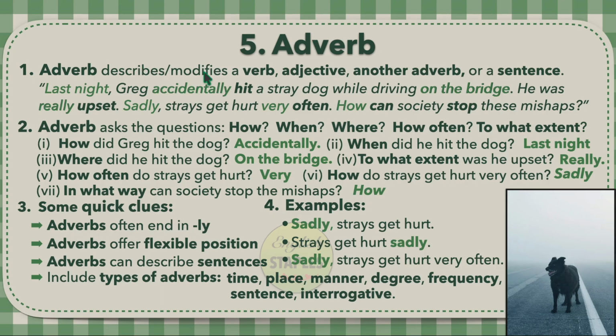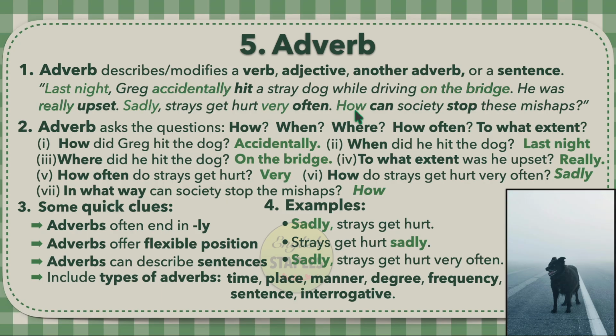An adverb describes or modifies an adjective. The adjective here is upset. So we have really upset, with the really just before the word upset. An adverb describes or modifies another adverb. We see that here: very often. Often is an adverb of frequency.